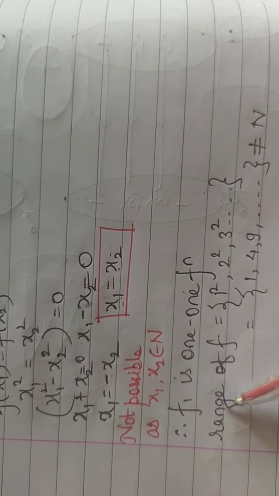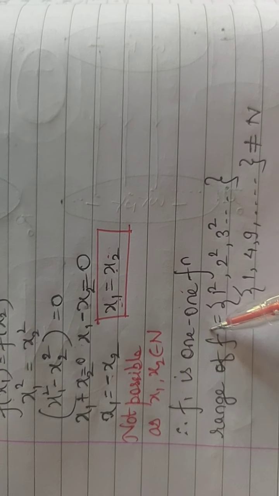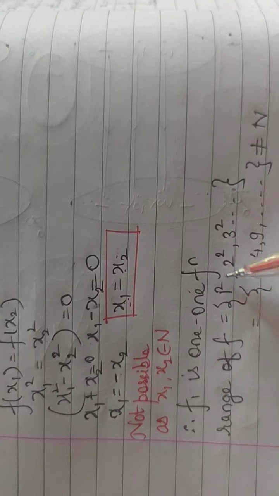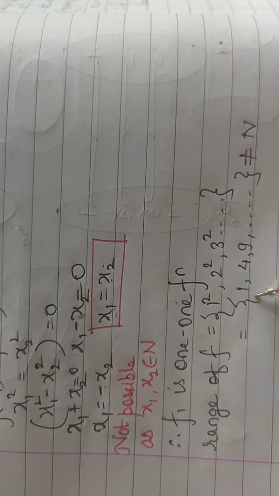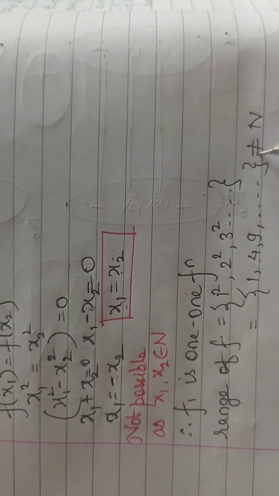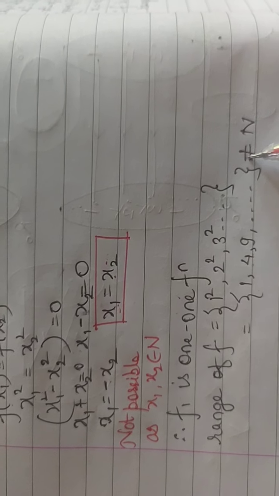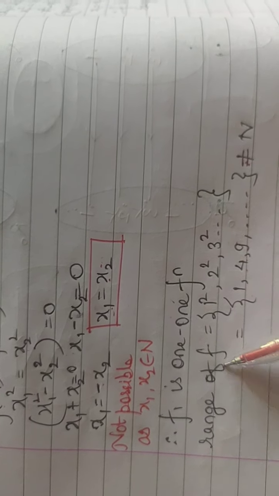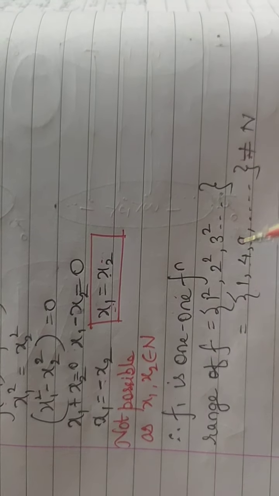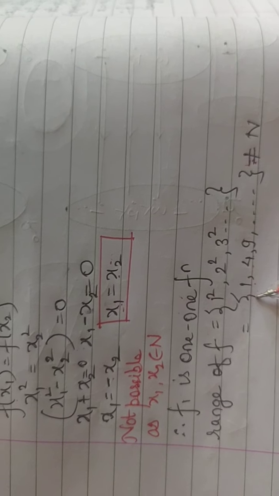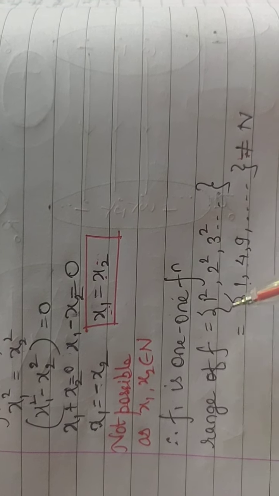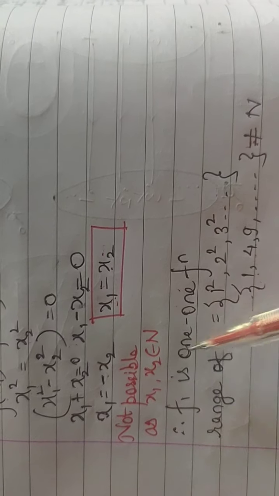And onto: range of f is 1 square, 2 square, 3 square, that is 1, 4, 9. This is not equal to N, not equal to the codomain. Hence range is not equal to codomain, so it is not an onto function. In this way we can prove it theoretically also.